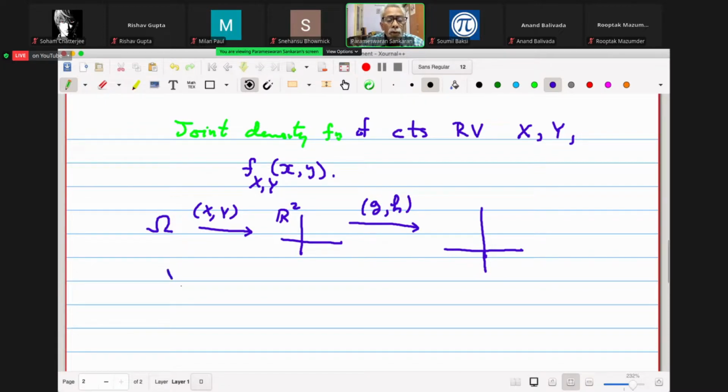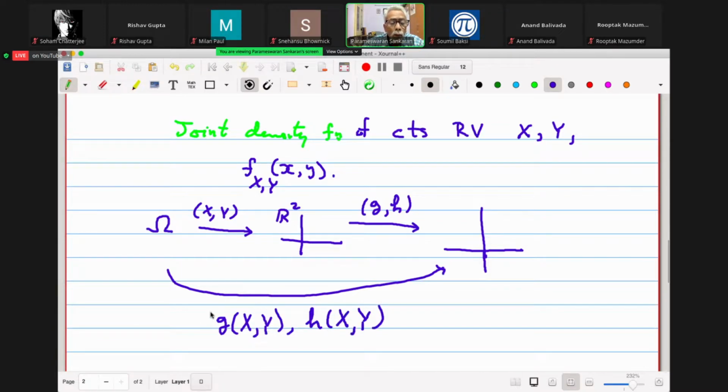Then the composition is a random variable which we would like to write as g of x comma y, h of x comma y. Actually, I don't like to call it capital G and H, so let's just call it K for the time being. So this is K of x comma y.